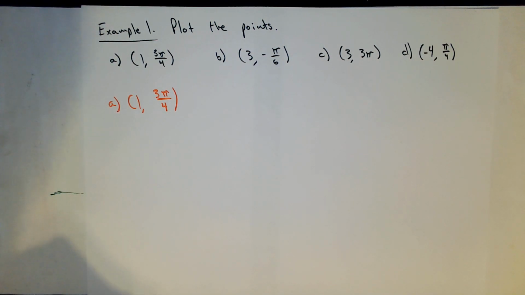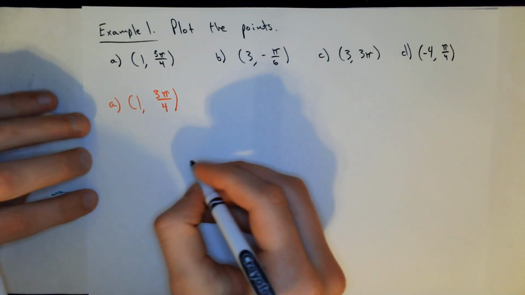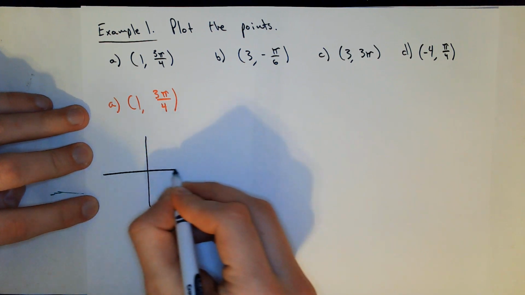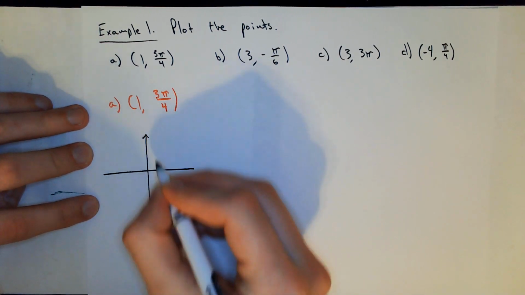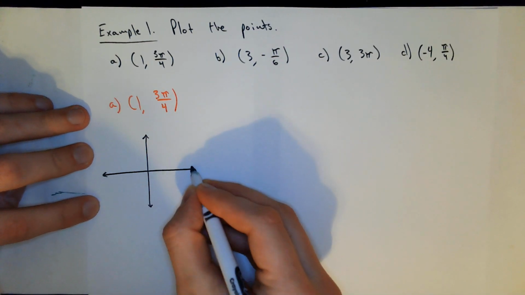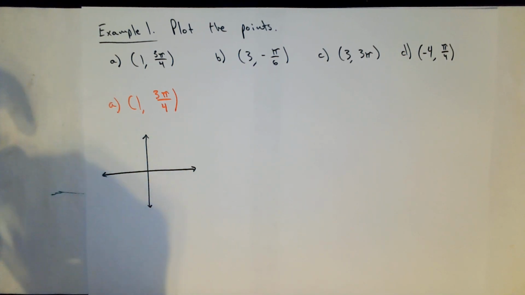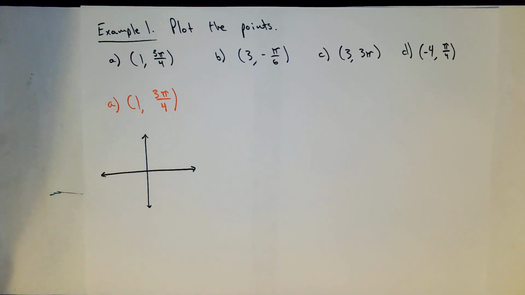Okay, so the way I do this is I have to draw a coordinate plane. Here it is. And I want an angle of 3 pi on 4, so I will think of where that is.